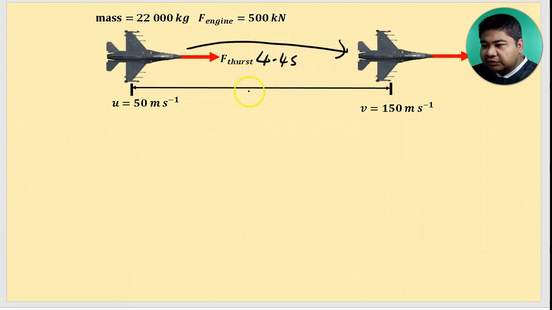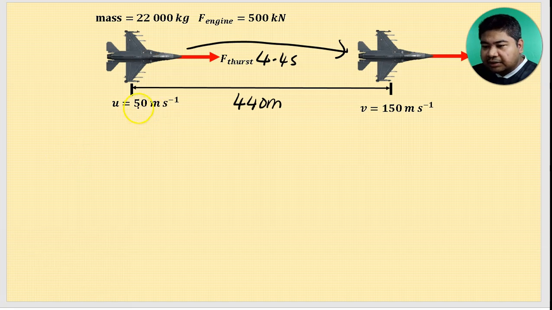And the distance moved by the aircraft is 440 meters. That is the distance moved, and this is the time for the aircraft to get to 150 meters per second from 50 meters per second. In this situation, we are assuming that the force of the engine is constant.